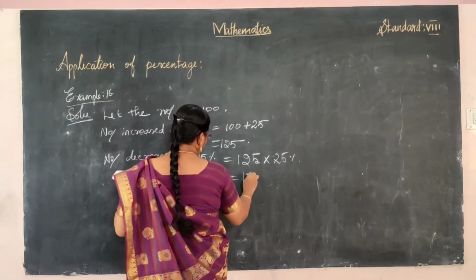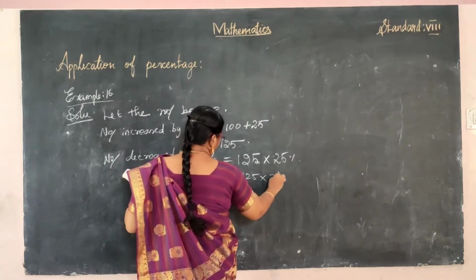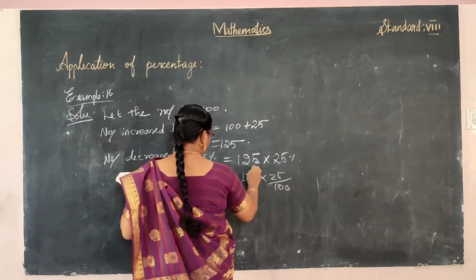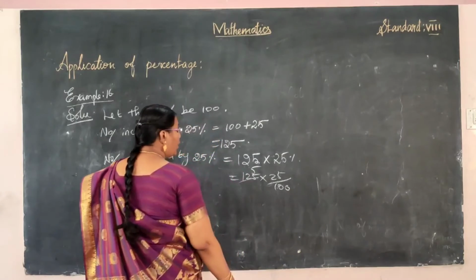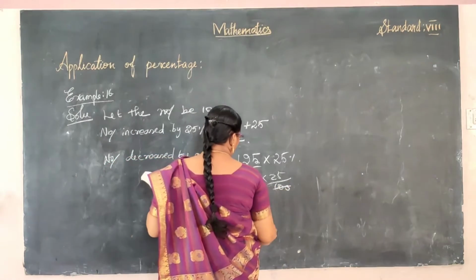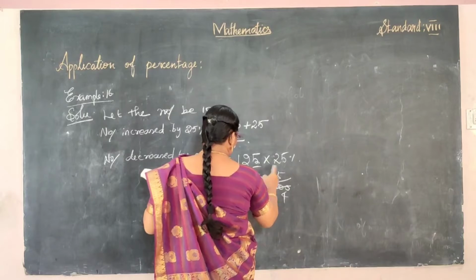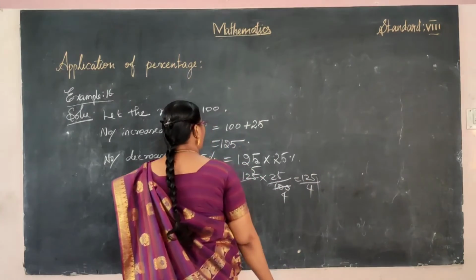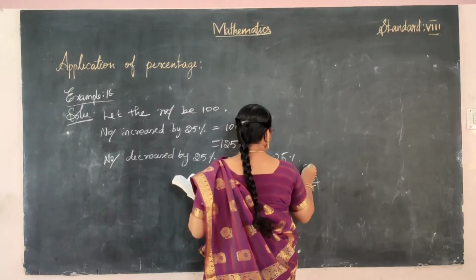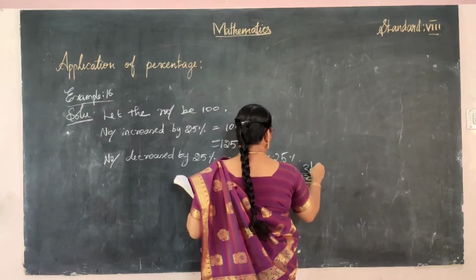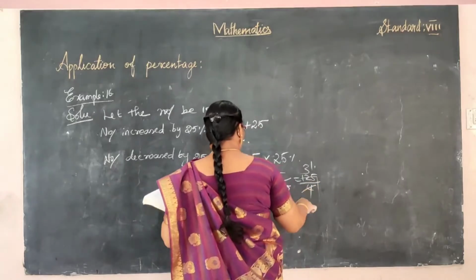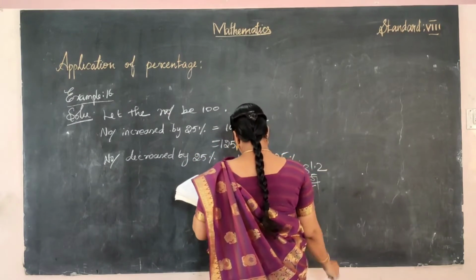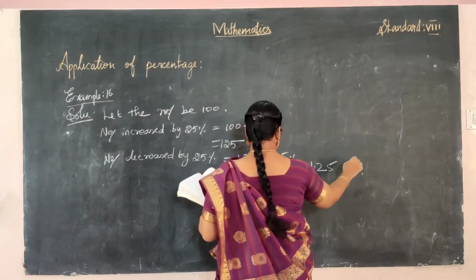So 125 into 25 by 100, which is 125 by 4. 4 3s are 12, remaining 1, add 0, 2 times, add 0, 5.